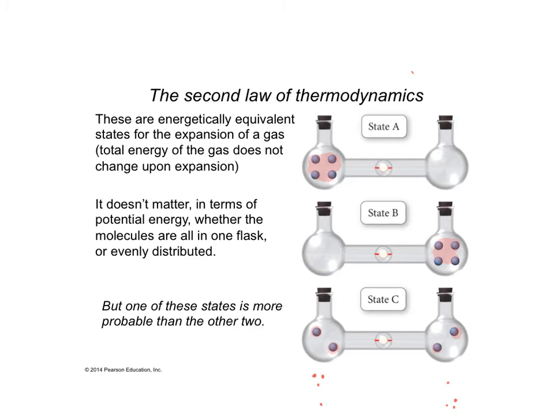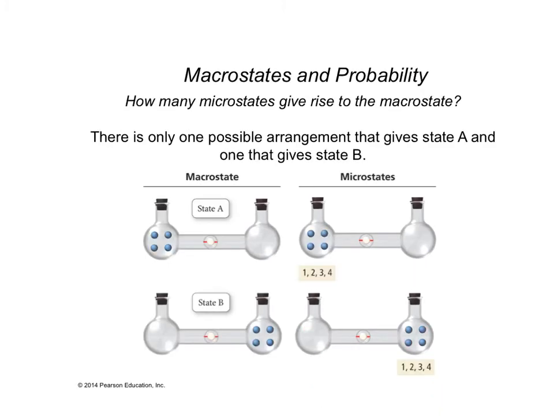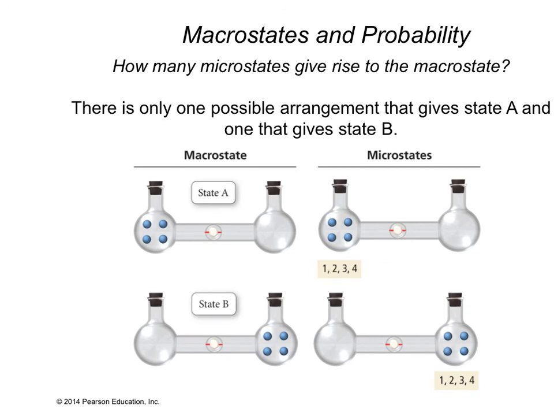Now, when we're considering the number of W's for these 3 possible states, if we consider state A, how many different ways could we arrange the components to achieve state A? Just one, right? All of the molecules stay there. So W for this would still be 1.